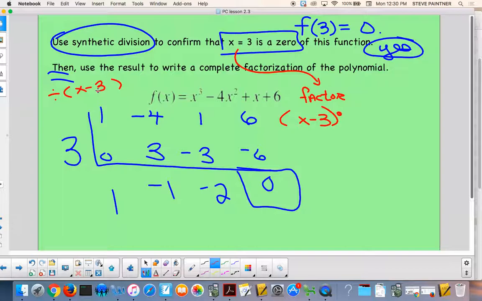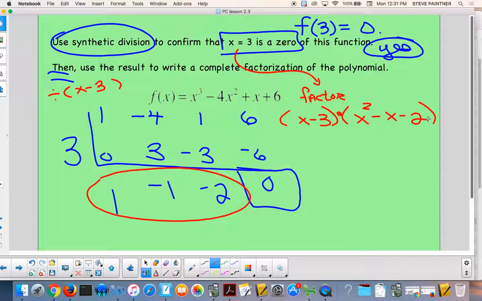So that's why I put the x minus 3 there, but what's left? This is the quotient, right? This is the answer to division. So what's left is 1, negative 1, negative 2, which gives us, right, there it is. So you got a factor, x minus 3, times your quotient, but your quotient is the other factor. Because it's your divisor times your answer to get your polynomial.